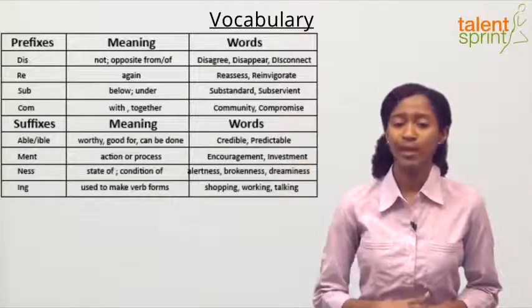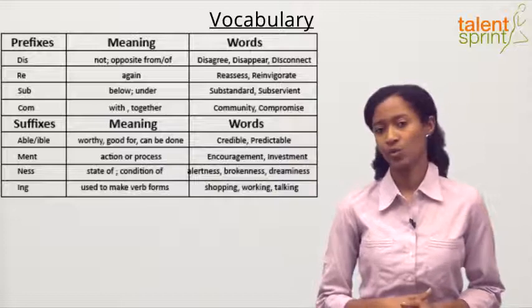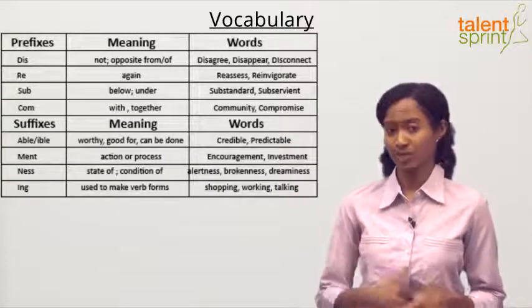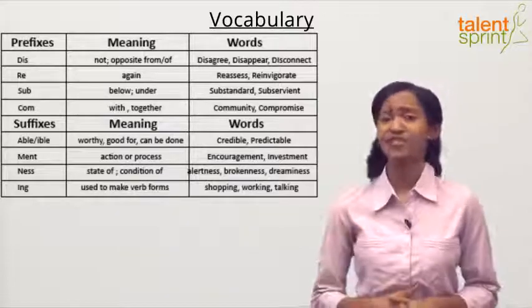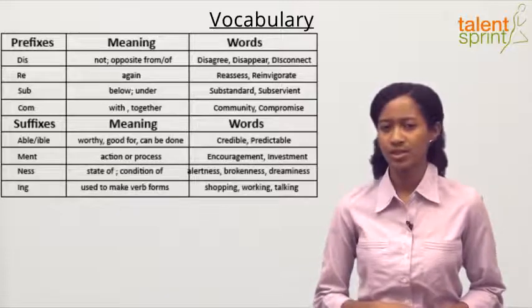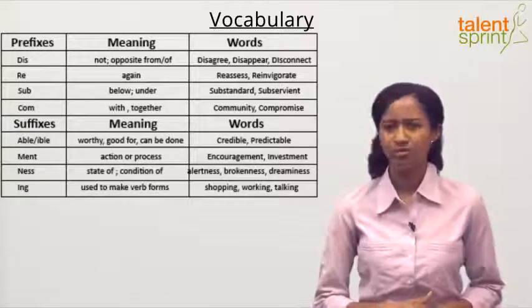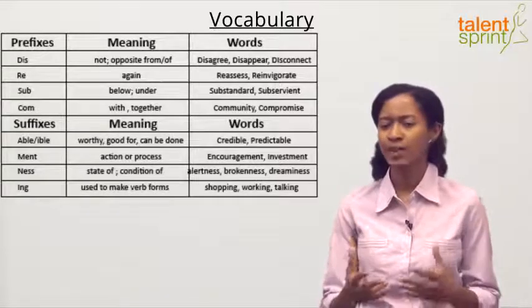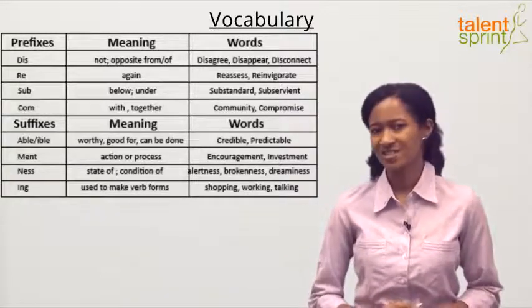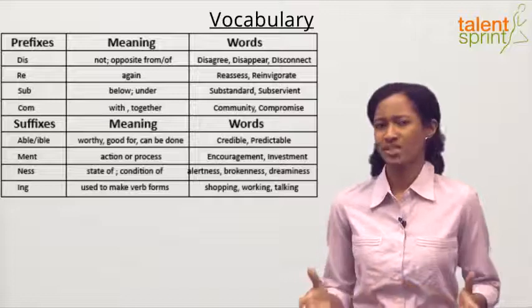Able and ible, which means good for, can be done, or worthy. And these sort of suffixes are used to make adjectives. Let's look at some example words. Let's say credible. Credible means can be believed, right? So in an example sentence, his story was barely credible.